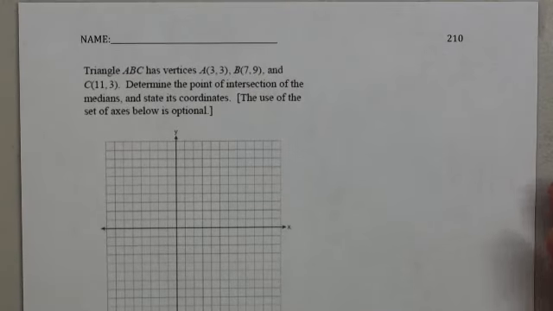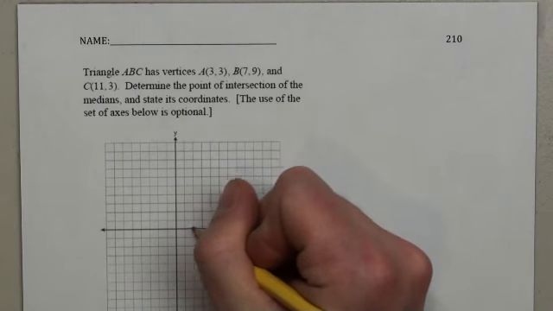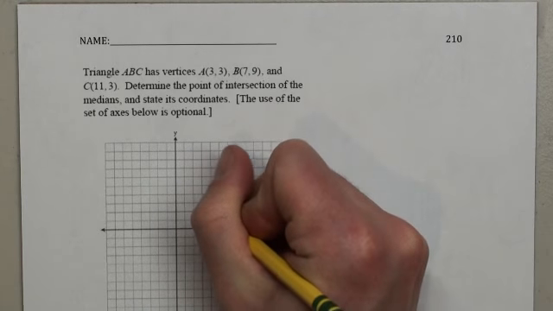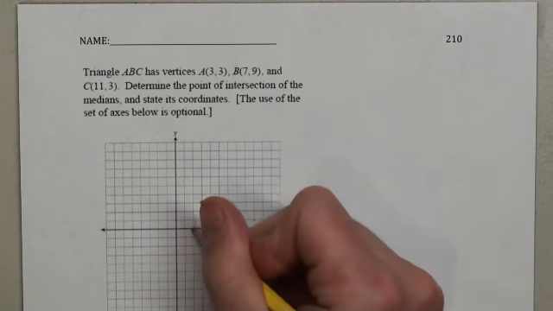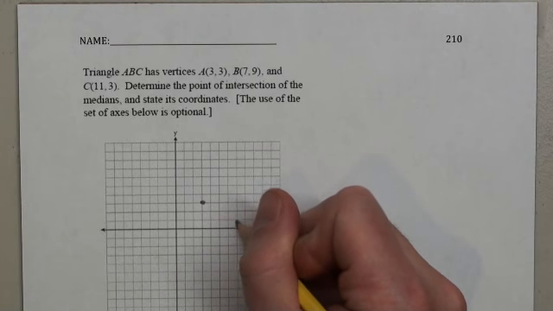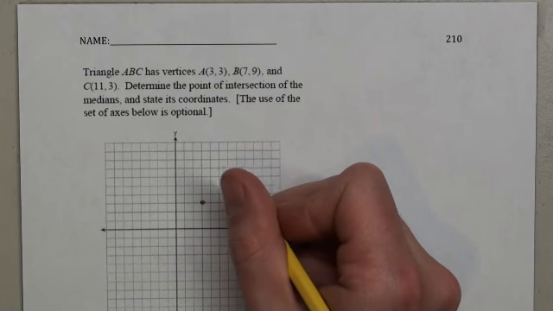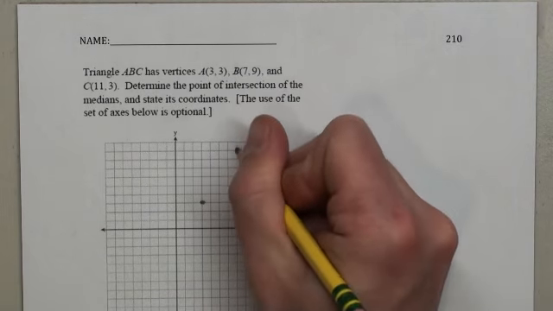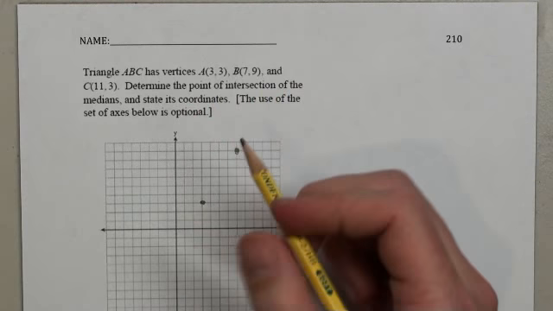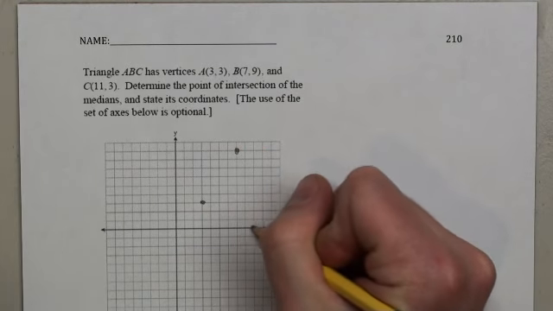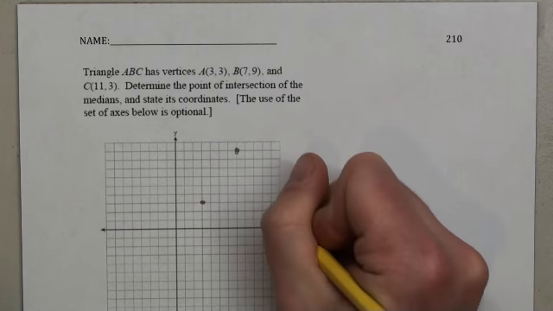And we got one more in this section. Triangle ABC has vertices 3, 3, 7, 9, and 11, 3.